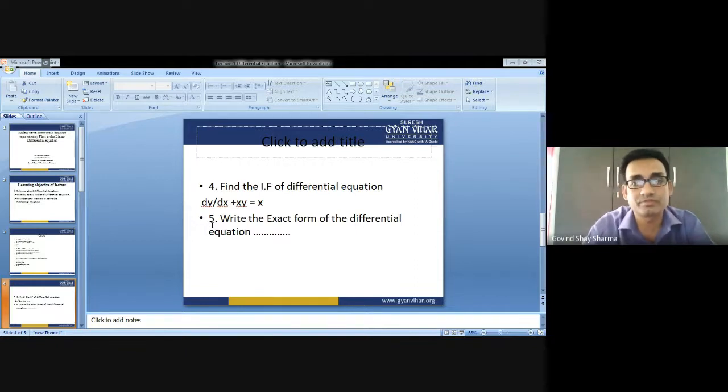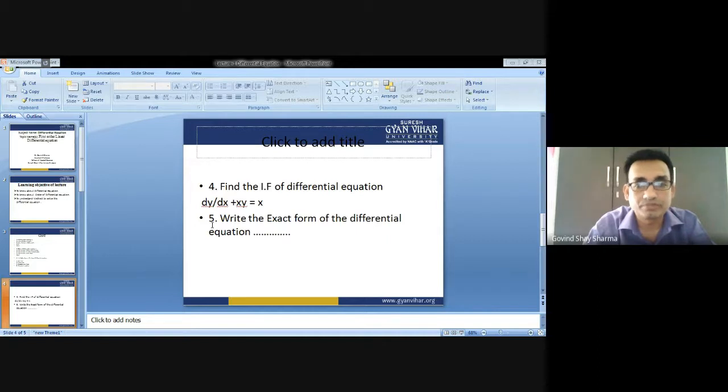Okay students, now the last question: write the exact form of the differential equation. This is very simple. I already told you many times that this is the first type of differential equation, the exact form differential equation. M dx plus N dy is equal to 0 is the form. Here M and N are functions of x and y.